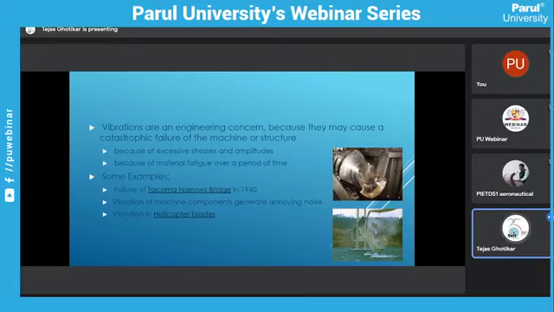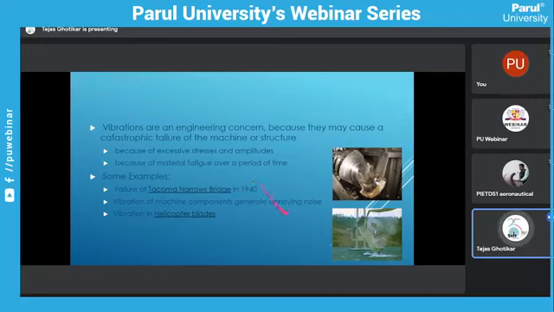If we are able to detect the vibration well in advance, we can eliminate the failures, right? So this is the reason behind vibration monitoring.